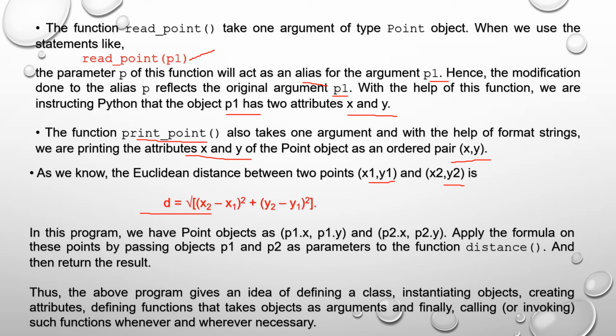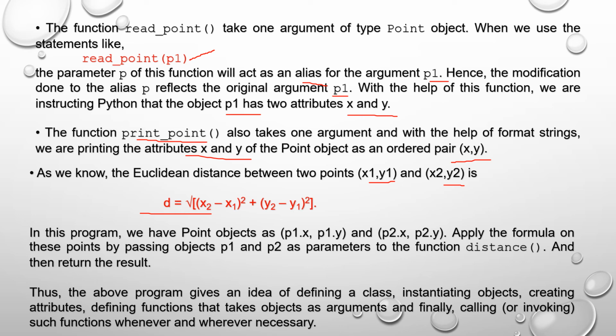Here in this program, we have point objects p1 dot x comma p1 dot y, and p2 dot x comma p2 dot y. We apply the formula on these points by passing the objects p1 and p2 as parameters to the function distance, and then return the result.